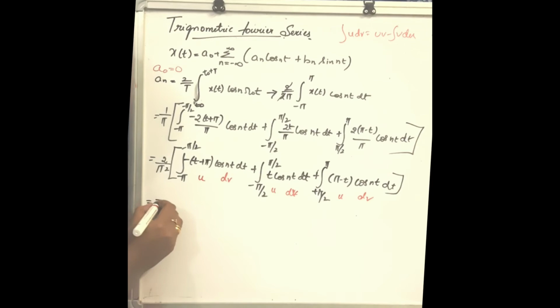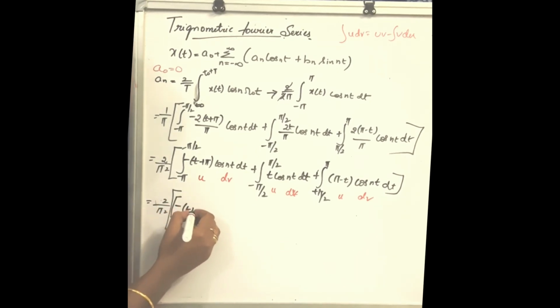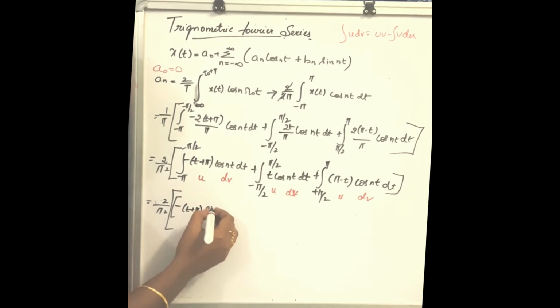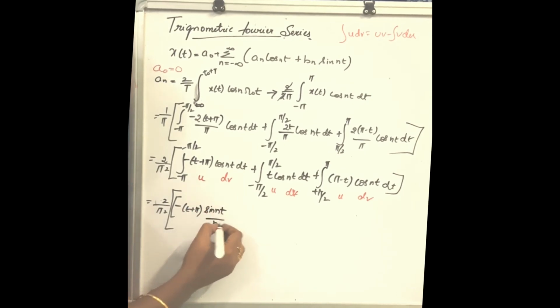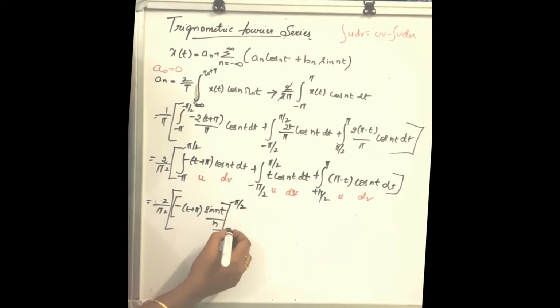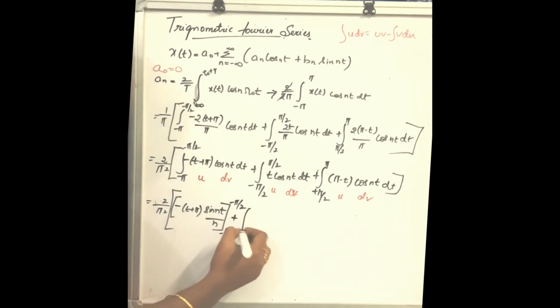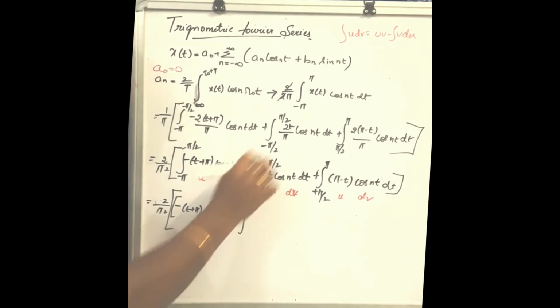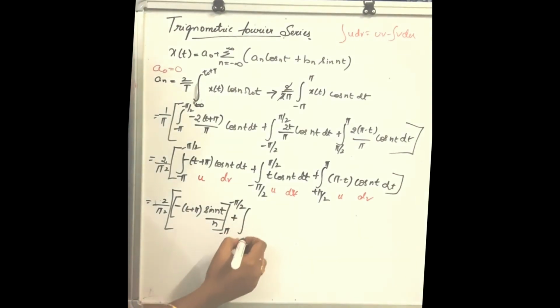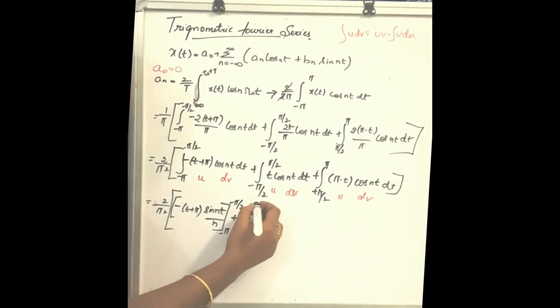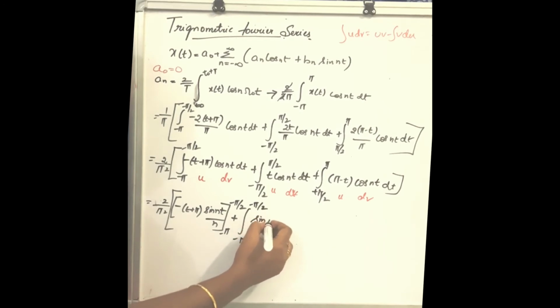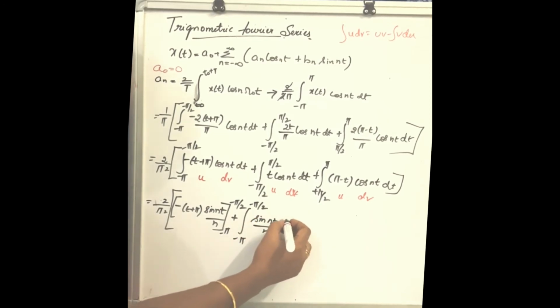This becomes minus 2 by pi square, minus, t plus pi into sine nt by n, applying the limits minus pi to minus pi by 2, minus integral v du, for that it is minus pi to minus pi by 2 of sine nt by n dt.